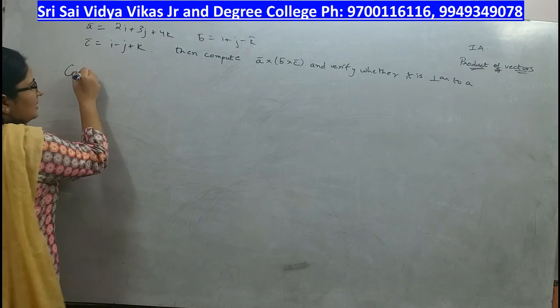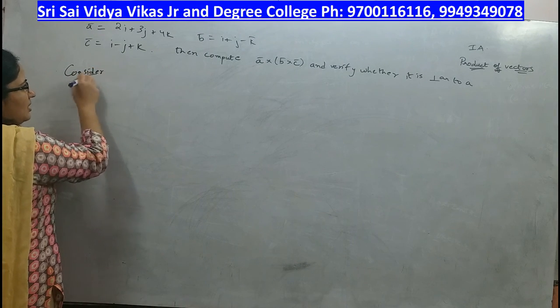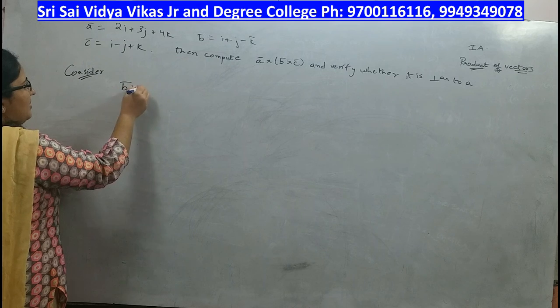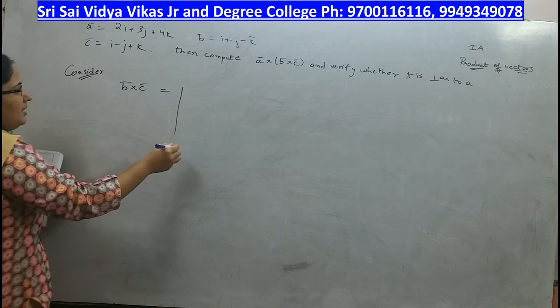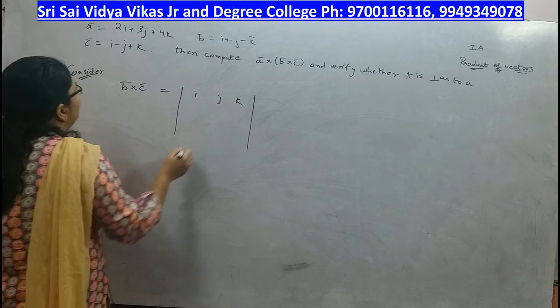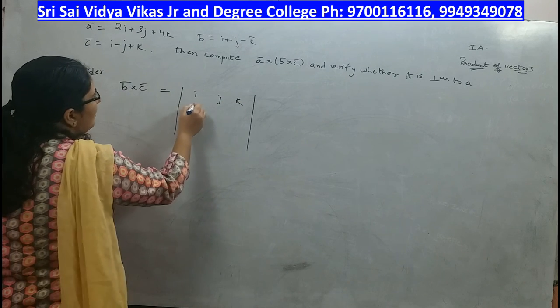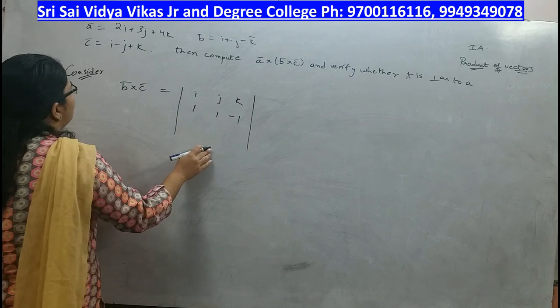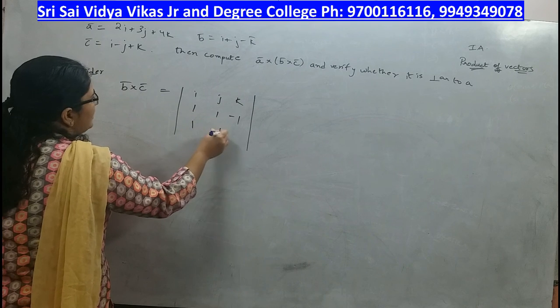Consider, in order to find a bar cross b bar cross c bar, first we'll find b bar cross c bar. B bar cross c bar is the determinant of i j k, b bar 1 1 minus 1, c bar 1 minus 1 1.